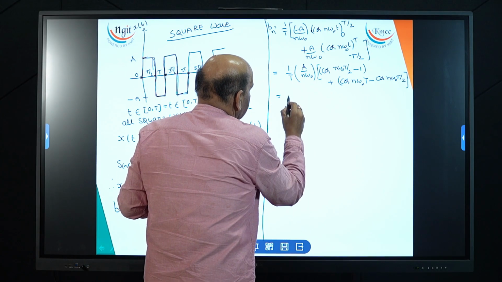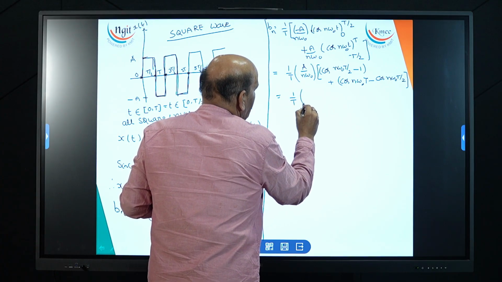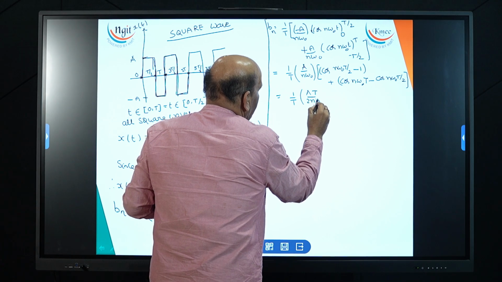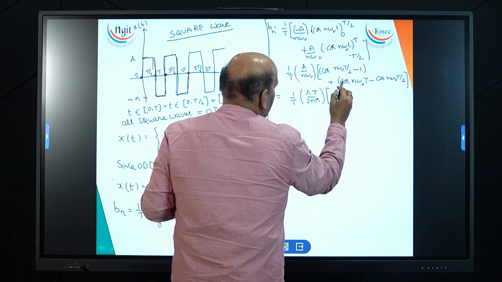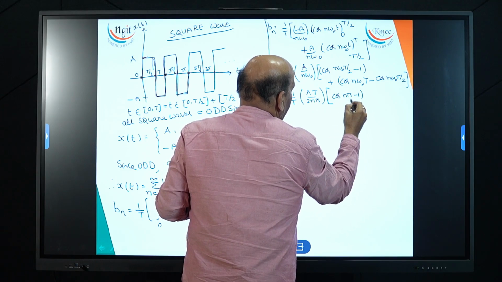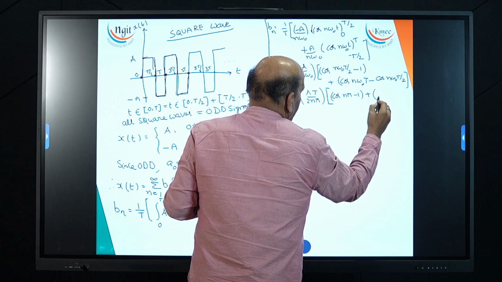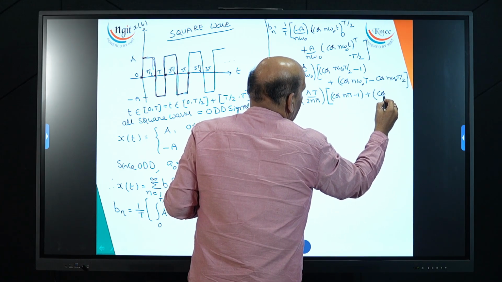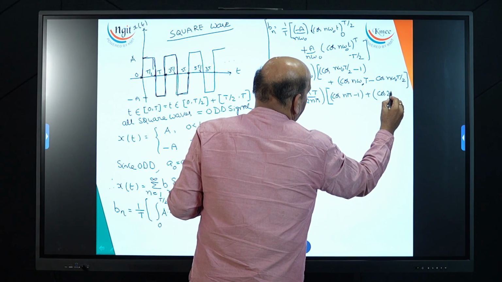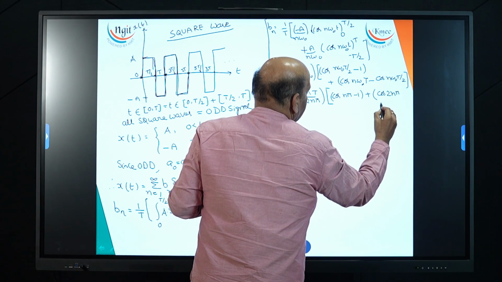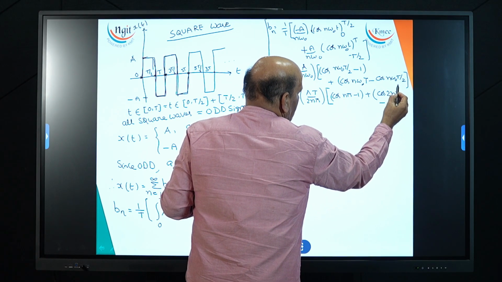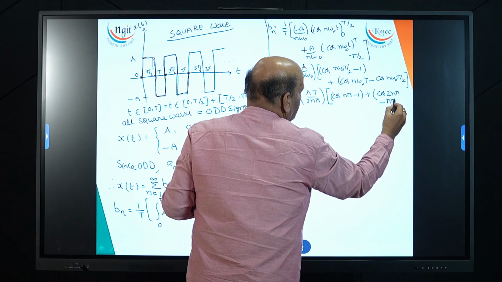Whenever there is omega naught, replace it by 2 pi by T. A by T by 2 n pi into cos n pi, that is minus 1, plus here it is T, this will also become cos 2n pi. This will become minus, omega naught is 2 pi by T. This will become n pi.